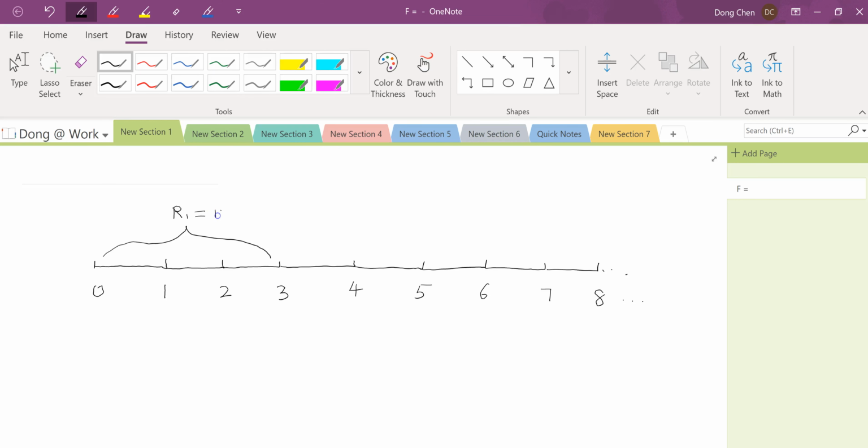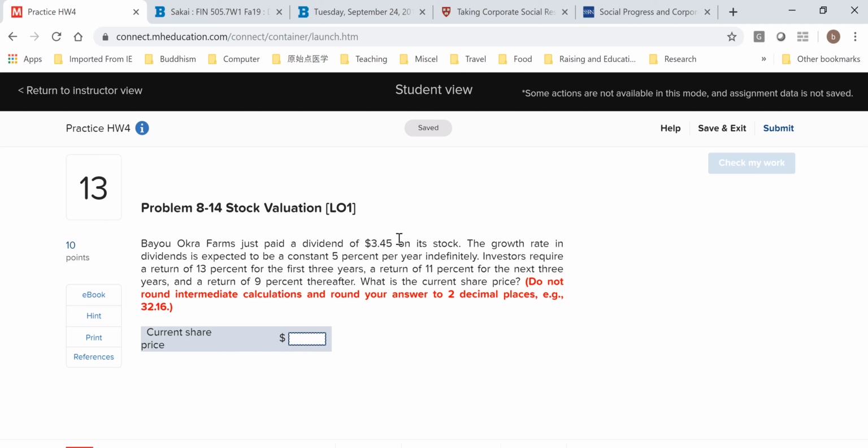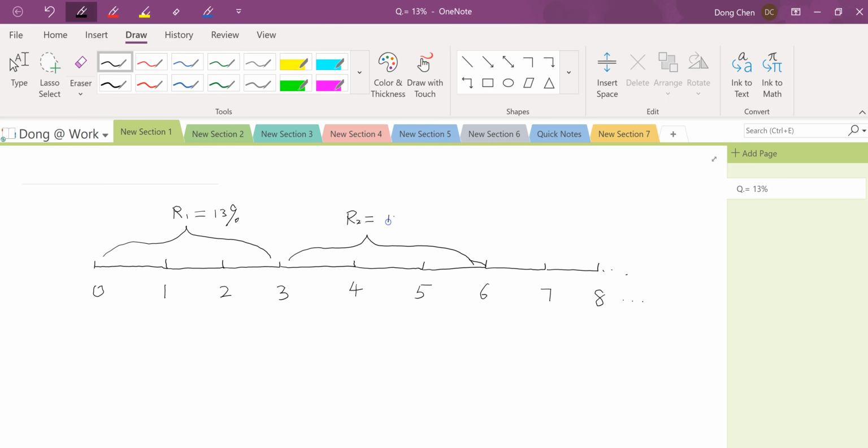So this is 13%. And then for the next 3 years, the return R2, the required return, is 11%.